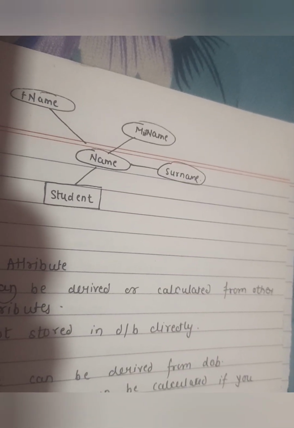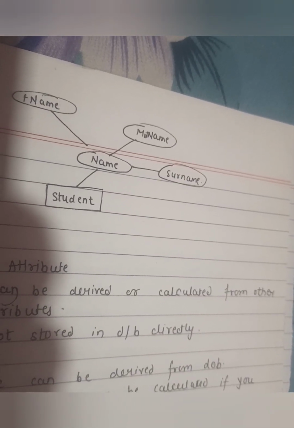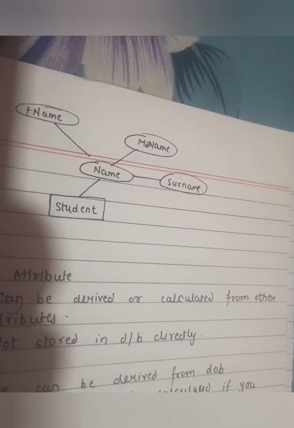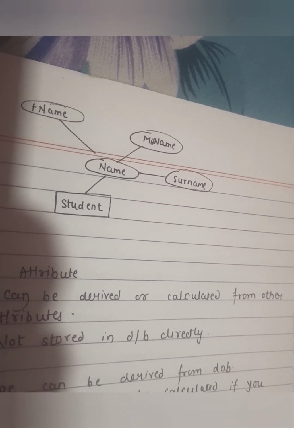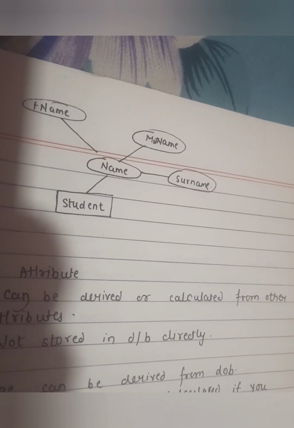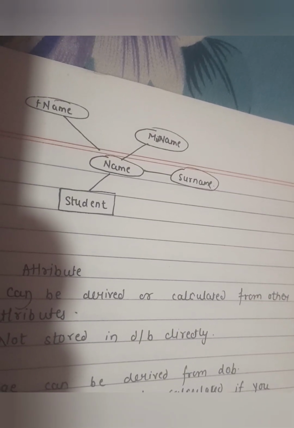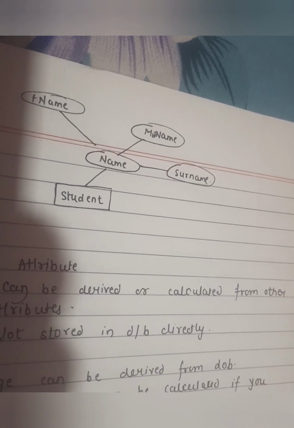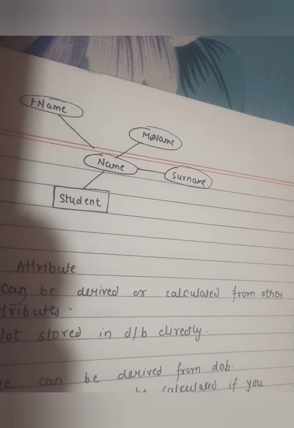That name is further divided into F name, first name, M name, middle name, and surname, that is the last name, right? So name is attached to other oval shaped attributes: first name, middle name and surname. These are nothing but composite attributes.